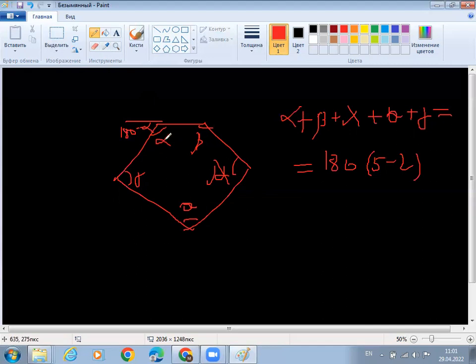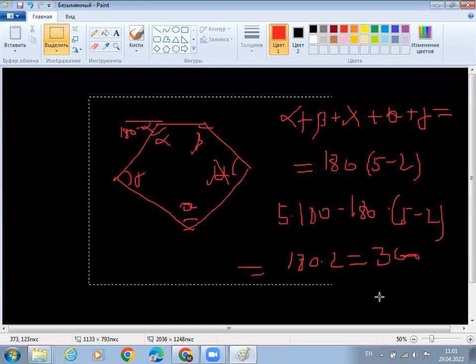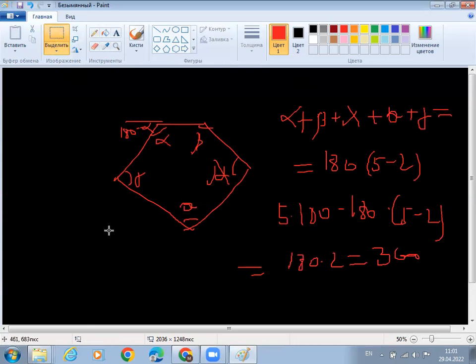So when we add them, what are we going to get? 5 times 180 minus 180 times 5 minus 2. We can do the subtraction here. You're going to get 180 times 2, which is 360. This rule is for all polygons, for all shapes.